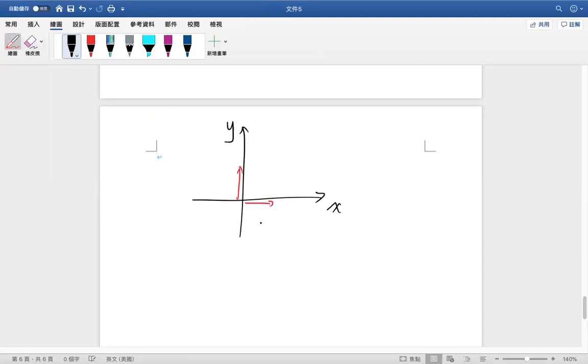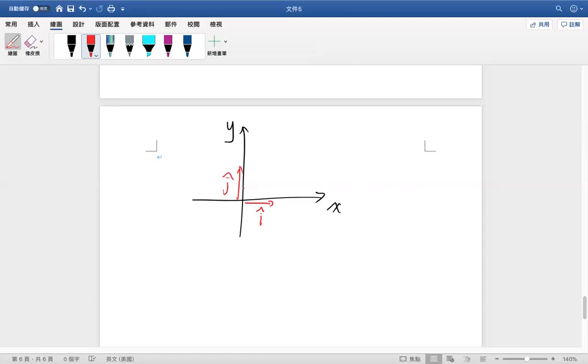So these two vectors, to make things convenient, we'll see why it is convenient, let's assume that these two vectors have a length equal to 1. Let me call this vector i, and this vector j.